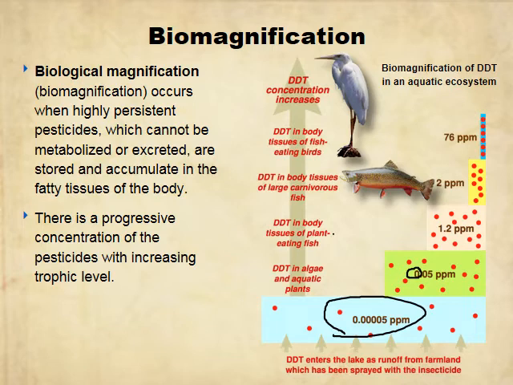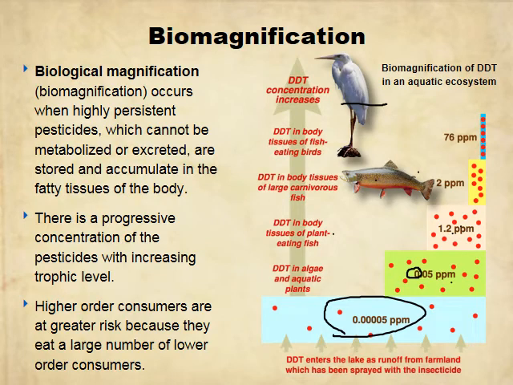Because if you think about it, every single one of these, your big fish-eating bird, has to eat 10 of these. Every one of these has to eat 10 of these, and it magnifies because DDT is fat soluble, not water soluble, so it actually retains in the fatty tissues of the body. So higher order consumers are at greater risk because they eat a large number of lower order consumers.